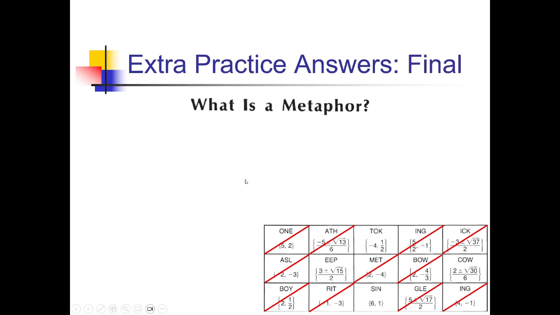All right, it's time to solve the riddle. What is a metaphor? So looking at our remaining letters, we have T-O-K, E-E-P, C-O-W, and S-I-N. So not a lot to work with. So I don't know that T-O-K is all part of the same word, because toki, tokip, I think what we've got going on is the word to, and then K-E-E-P is keep, and I don't think anything after that is part of that same word.